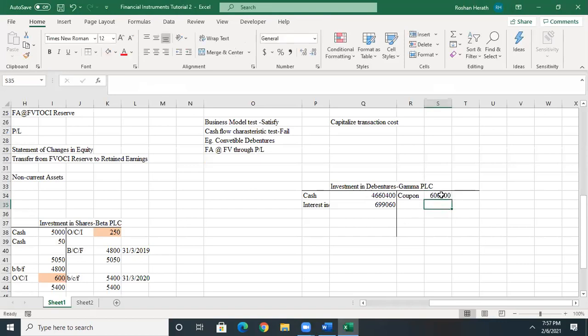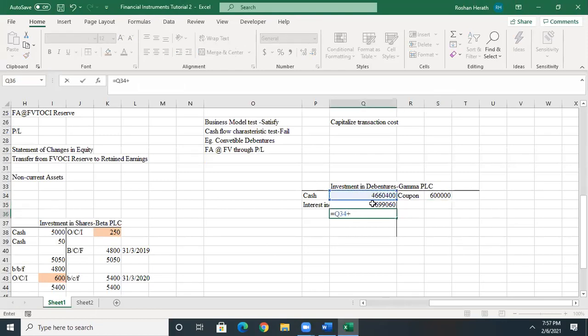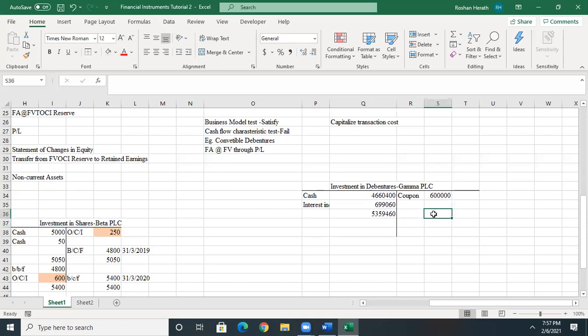It's 600,000. So once you get that, you're getting the balance carried forward. Here we have the balance carried forward. Right. This is it.